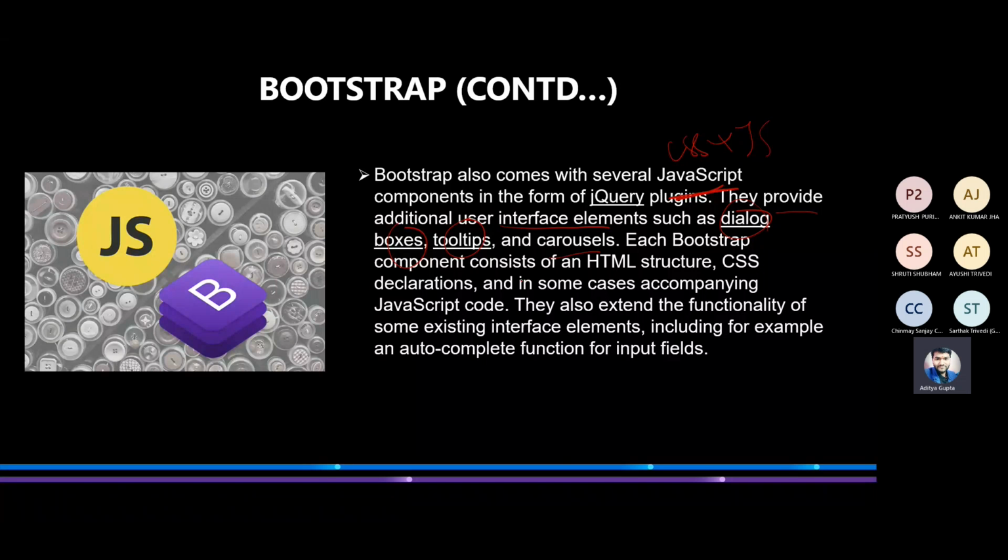Each Bootstrap component consists of an HTML structure. That is, you can think of how the HTML is arranged in a website: where is the body, where is the head, and where is the html element. So it's a kind of tree structure, right? Maybe you have seen in your DSA, if there is a node, then it has inner nodes, then more inner nodes, and the last nodes are called leaf nodes.